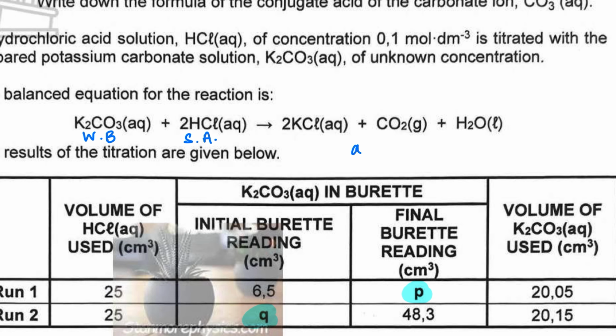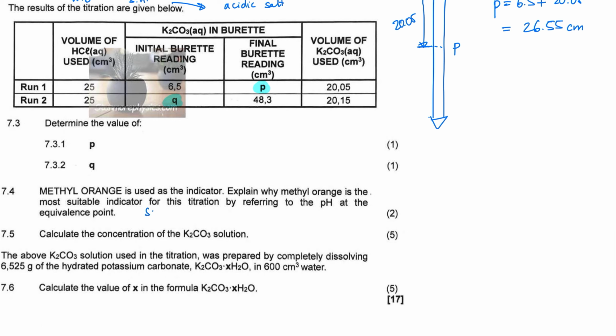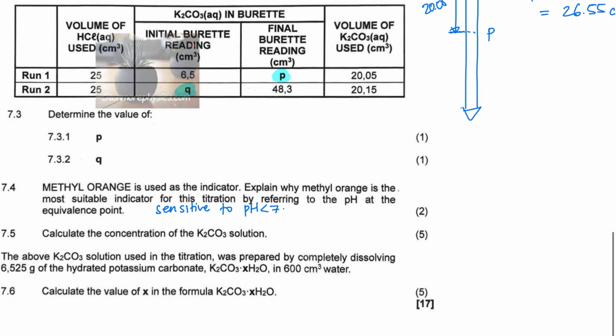So we're going to need to use an indicator that is sensitive to acidic pH ranges, and that is methyl orange. Methyl orange is sensitive to pHs that are less than 7. And we need that because we expect our salt that's forming to be acidic.